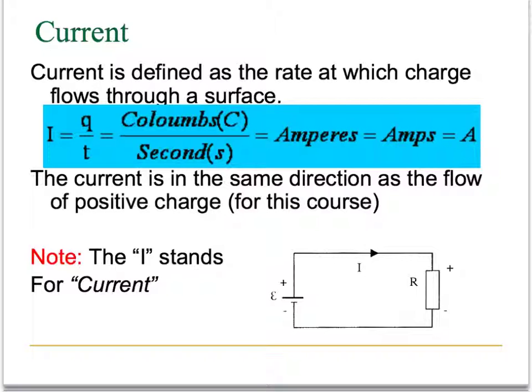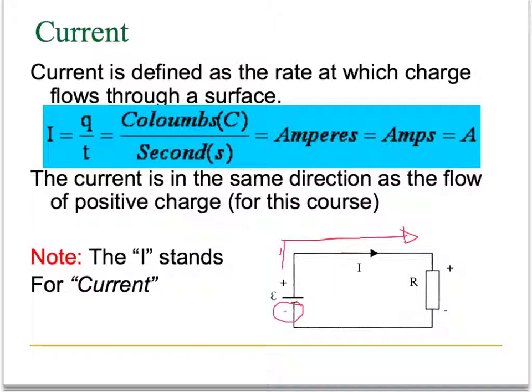The current is in the same direction as the flow of a positive charge. Now notice that the flow of the current is starting from the positive going that way. So that is the direction of the flow of electricity. However, if you will notice, this one is the negative terminal.